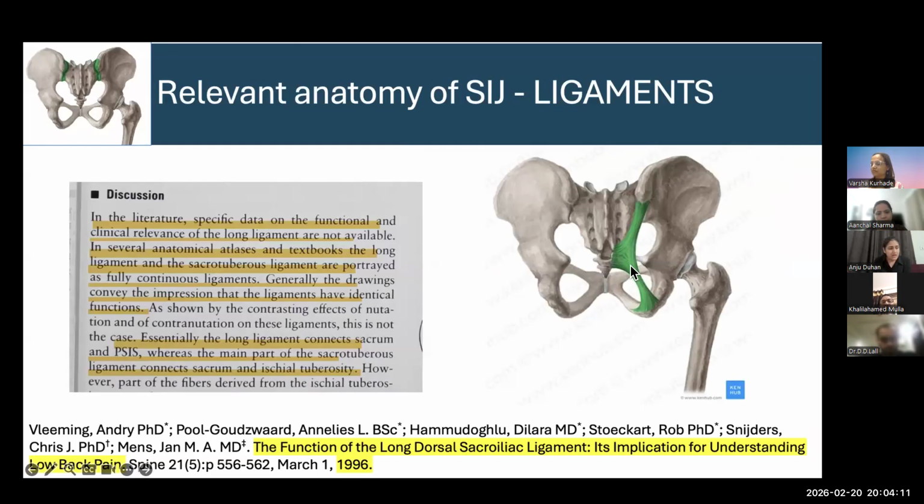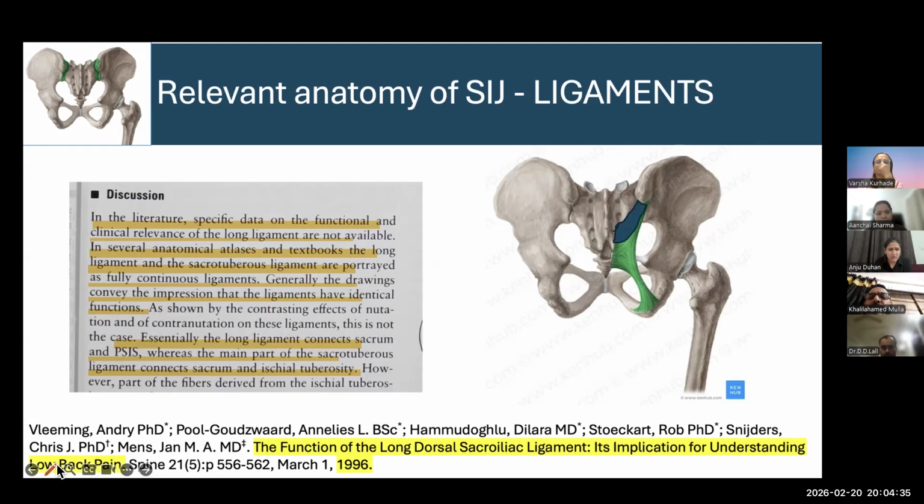only. Essentially, the long ligament connects the posterior superior iliac spine to the sacrum, and the sacrotuberous ligament attaches the sacrum and the ischial tuberosity. It extends from the posterior superior iliac spine to the 3rd and 4th transverse tubercles of the sacrum. It blends with the sacrotuberous ligaments partially.